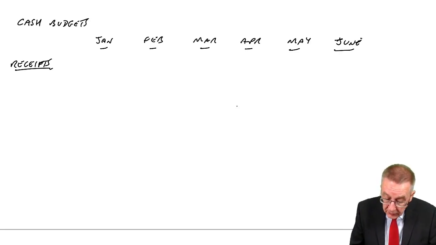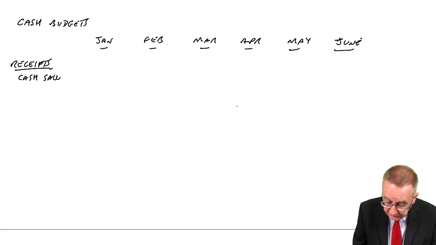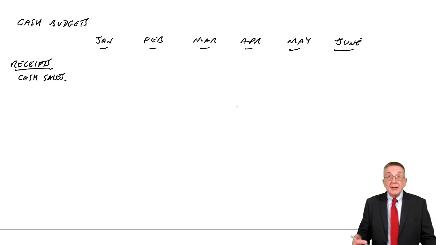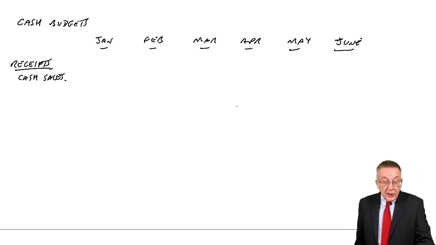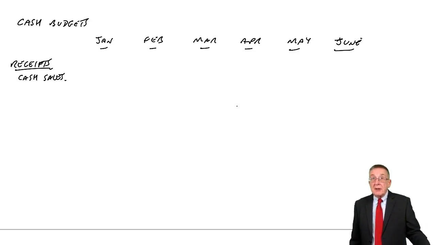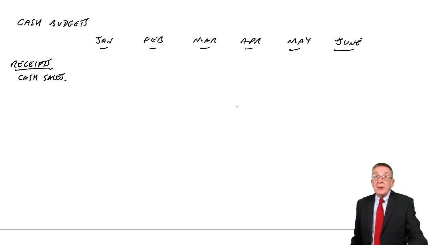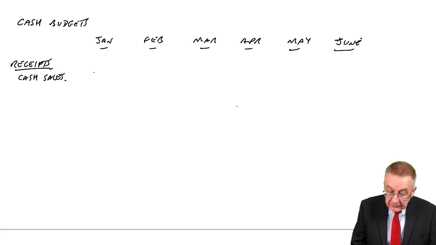So let's do it. First of all, what are the receipts from cash sales? That's easy enough. Cash sales, you'll get the money in the same month. And so in January, the sales are 110,000. 40% of them are cash, and so 40% of 110 is 44,000.